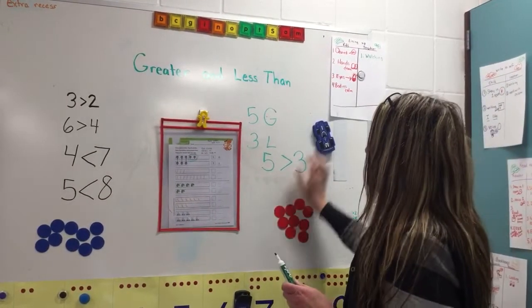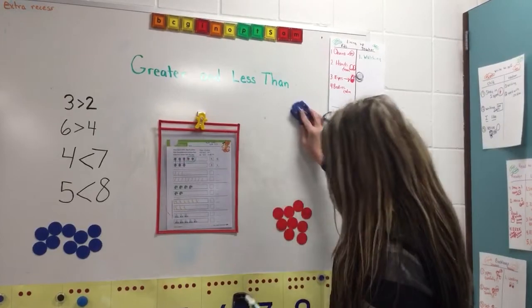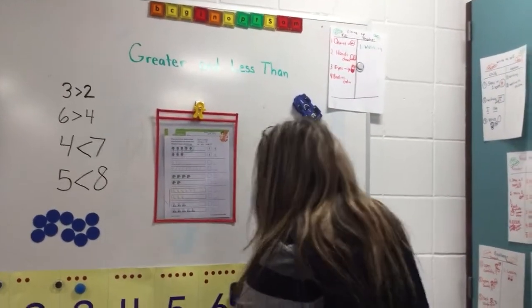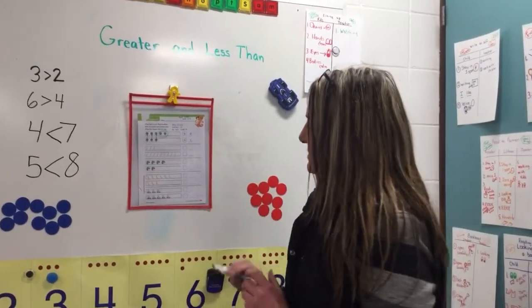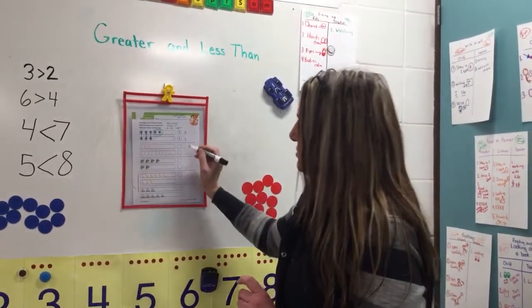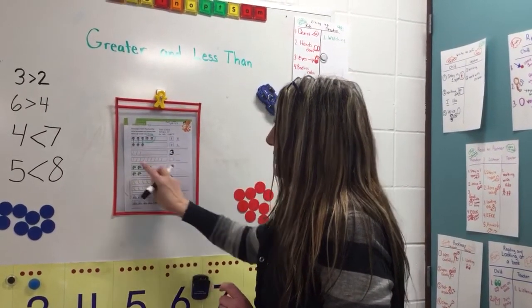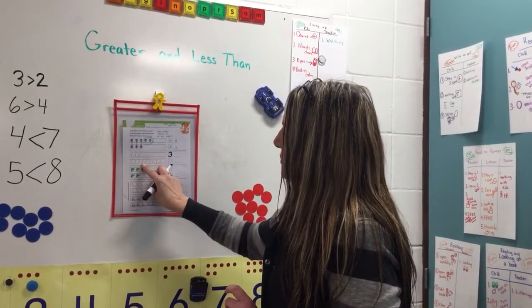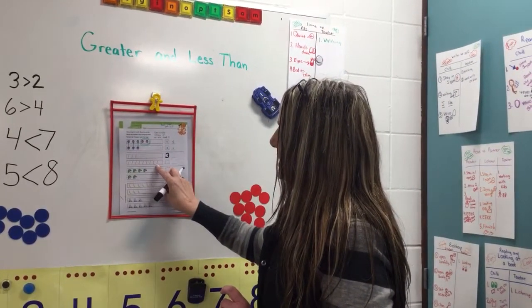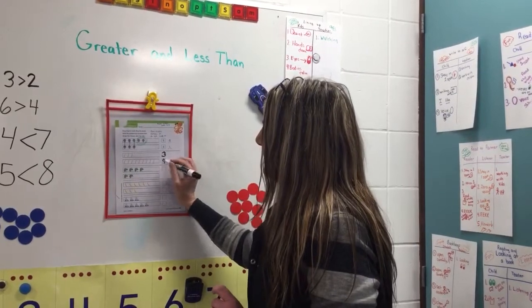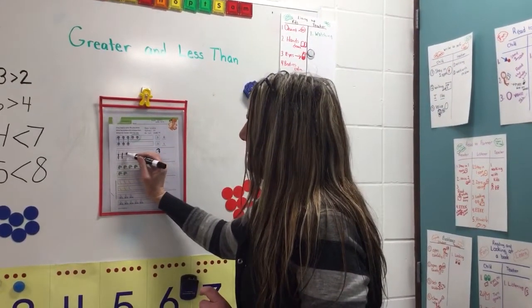I'm going to show you one more. I'm going to use the black marker. It seems to be working better. These are pencils, so I have to count my pencils. 1, 2, 3. I'm going to write my best 3 in there. 1, 2, 3, 4, 5, 6, 7, 8, 9. Then I match them up.